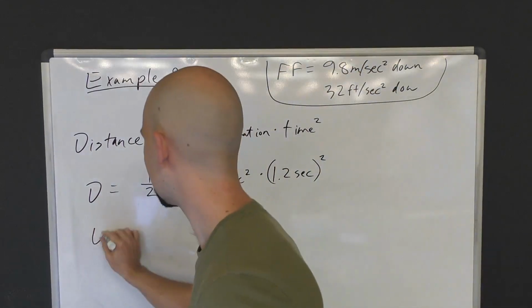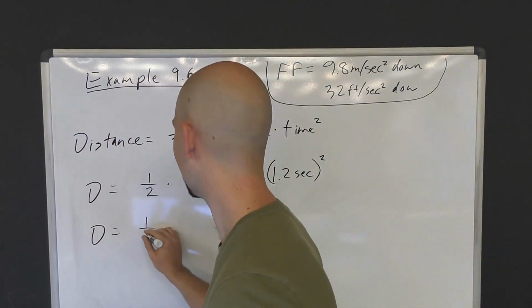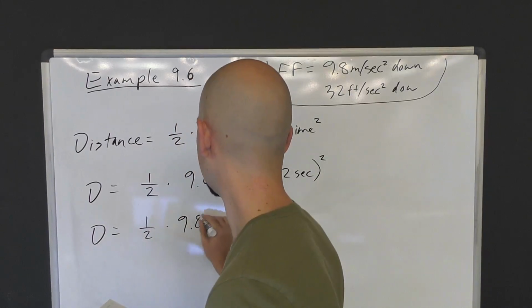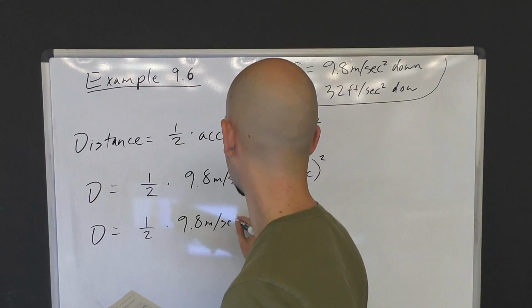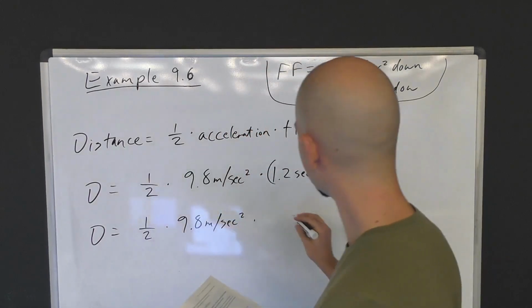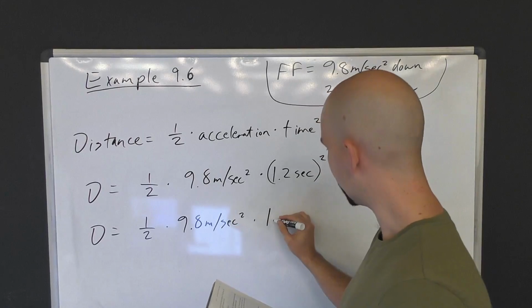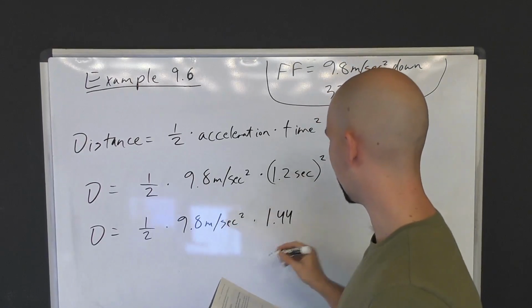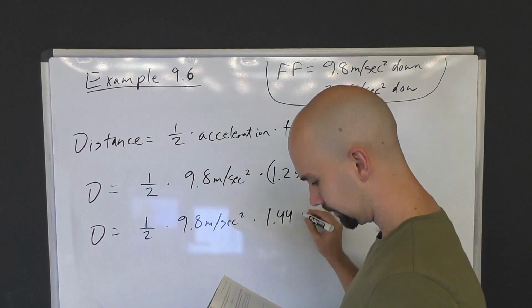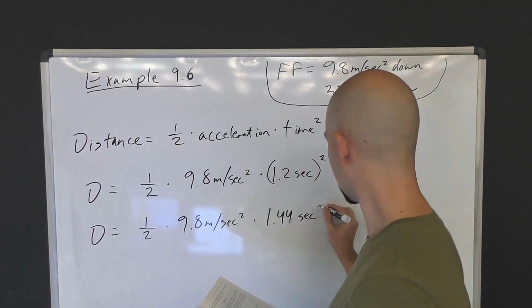So to carry that down, distance equals 1/2 times 9.8 meters per second squared times 1.44, which is when you square 1.2, seconds squared.